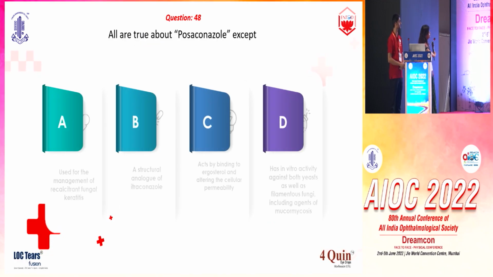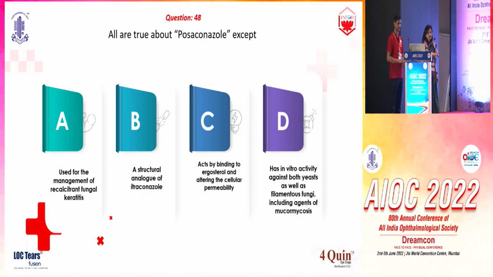All are true about posaconazole except. So one antifungal will definitely be there, especially when I am doing the quiz. Used for the management of recalcitrant fungal keratitis; structural analog of itraconazole; acts by binding to ergosterol and altering the cellular permeability; has in vitro activity against both yeasts as well as filamentous fungi, including agents of mucormycosis.